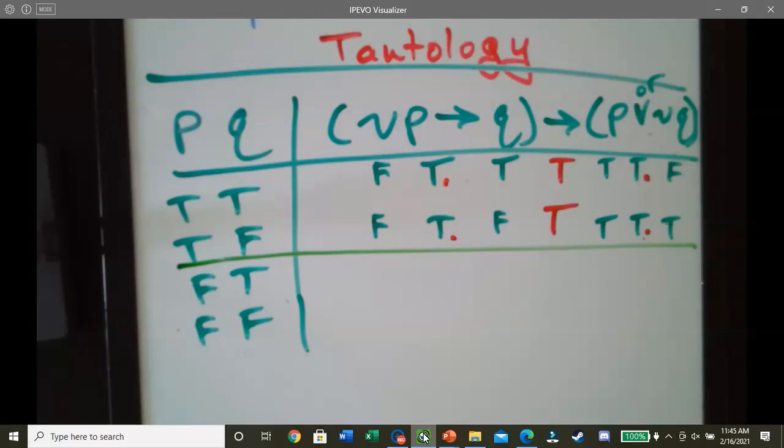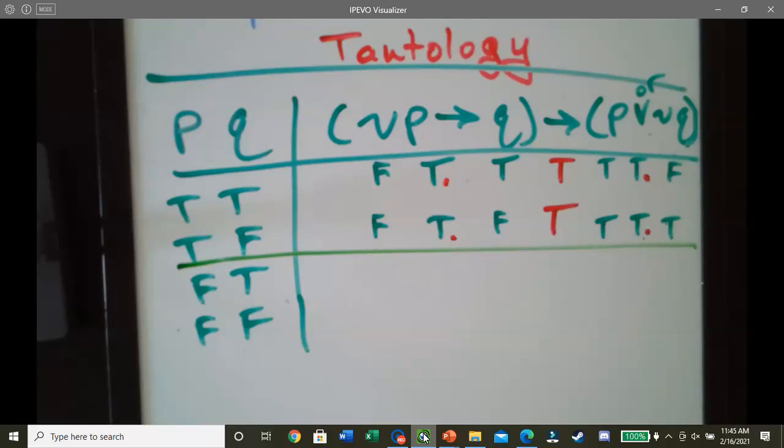You're comparing that arrow, the conditional, with the or. So inside parentheses, right, you've got not P. So if P is true, then not P is false, and Q is true, right?